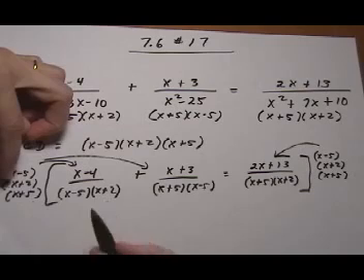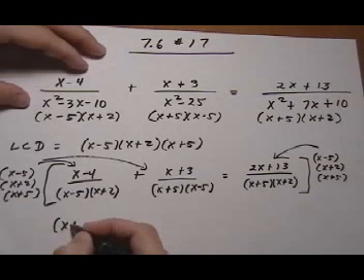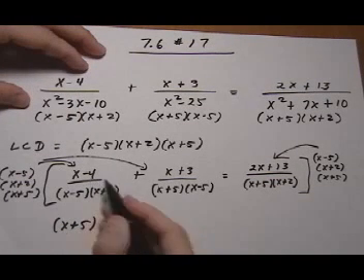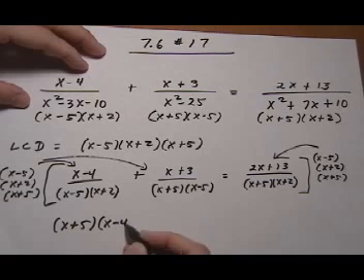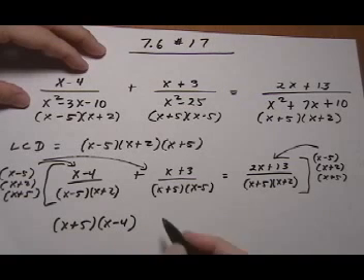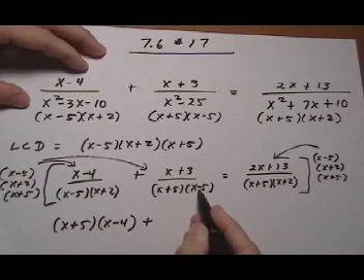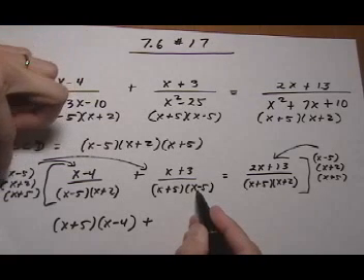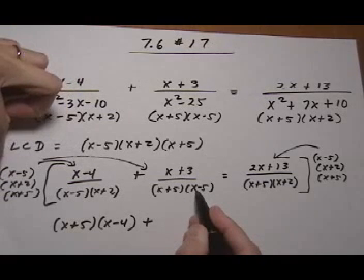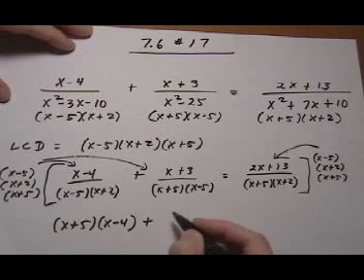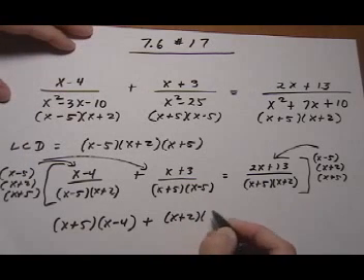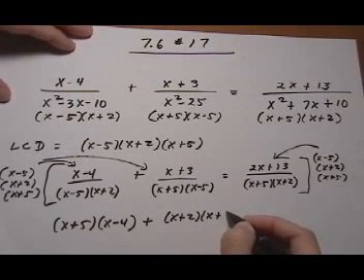We're left with the x plus 5 times the numerator of the fraction, x minus 4. Carry down the plus sign. X plus 5, x minus 5. So the plus 5 and minus 5 on the LCD cancel out. X plus 2 is left. And the x plus 3 of the numerator there.